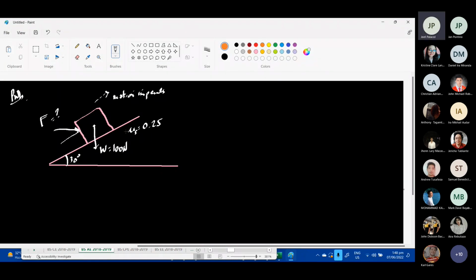You have to look for the normal force. That is the normal force. The weight will be resolved into Wx and Wy. So what will be the normal force here? Can you tell me? This is our x-axis. Okay. This is the y.